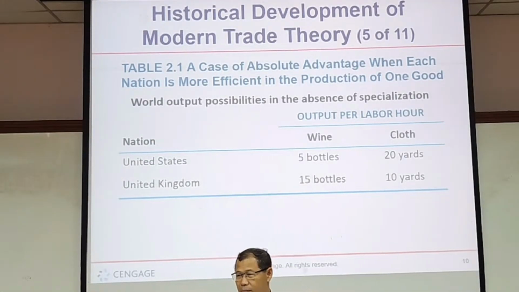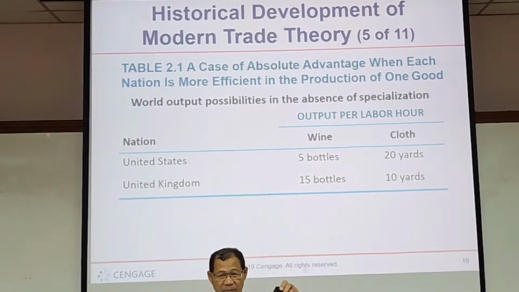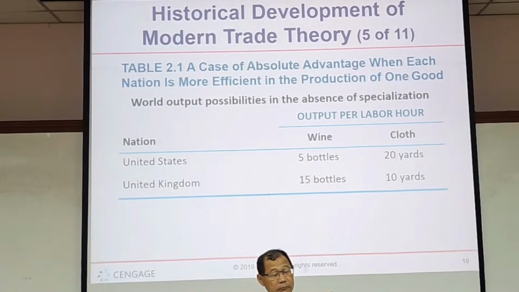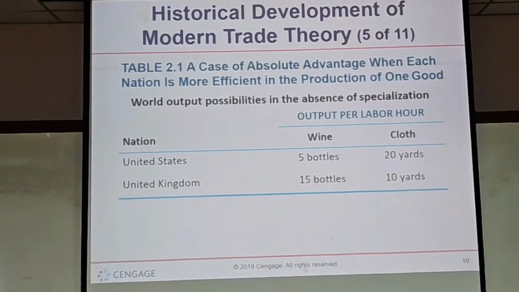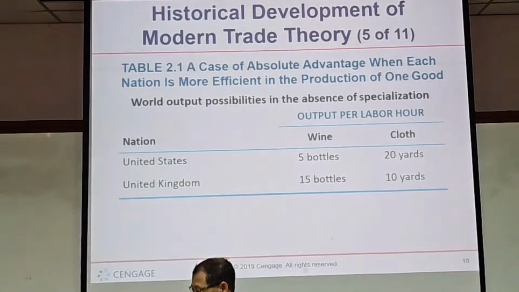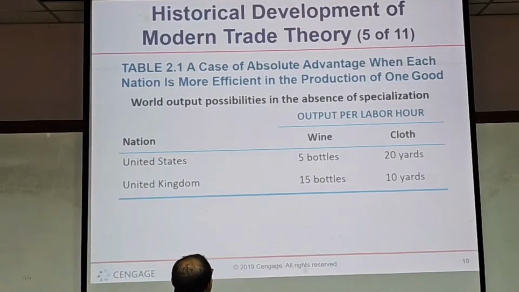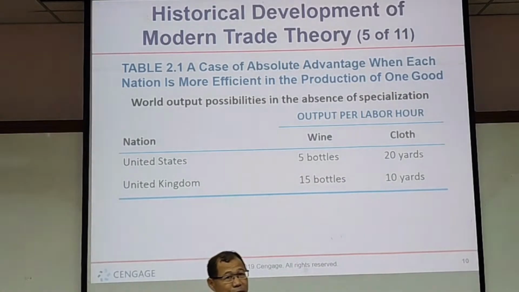I can drink water, not wine. Haram. Country B can produce 10. Now, clothing. Country A, with one labor, can produce 20 of this. Country B, with one labor, can produce only 10.